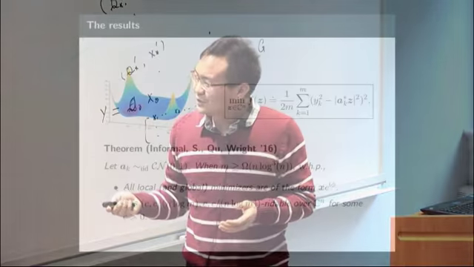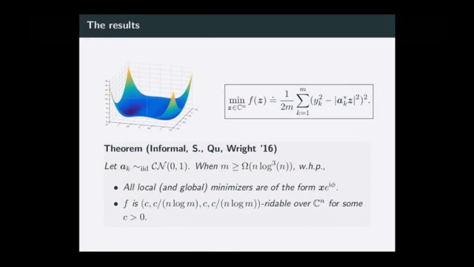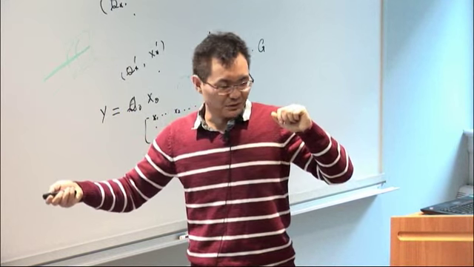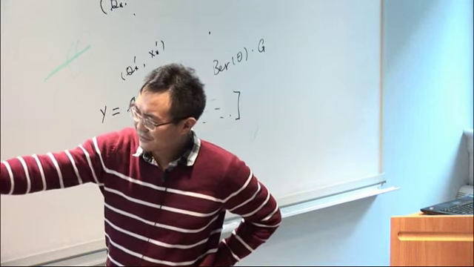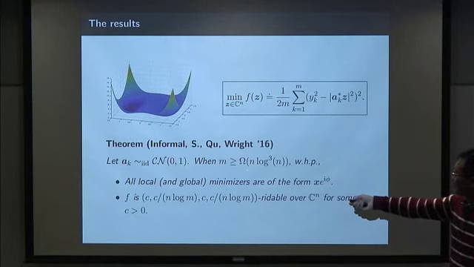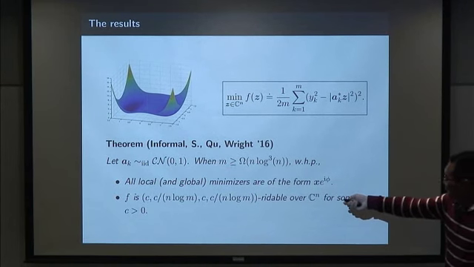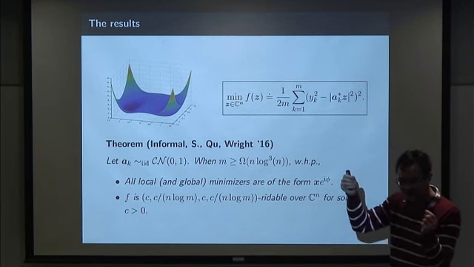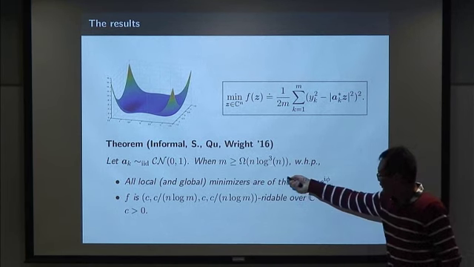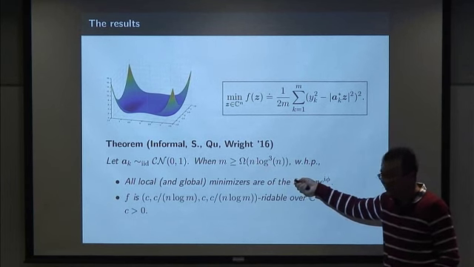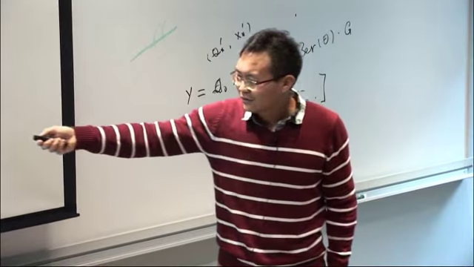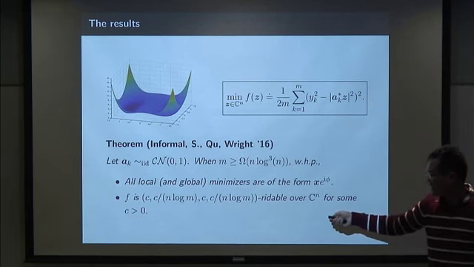And you can actually show that for high dimensions, for complex signals. So this is the result we produced. If the measurements are Gaussian, when the number of measurements is slightly larger than the degrees of freedom, remember here the vector is length n, so if you slightly oversample the signal, with high probability all local minimizers are global.